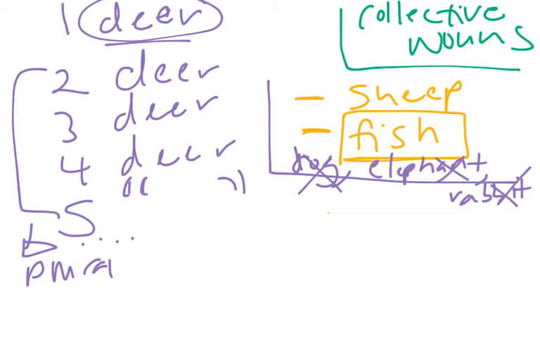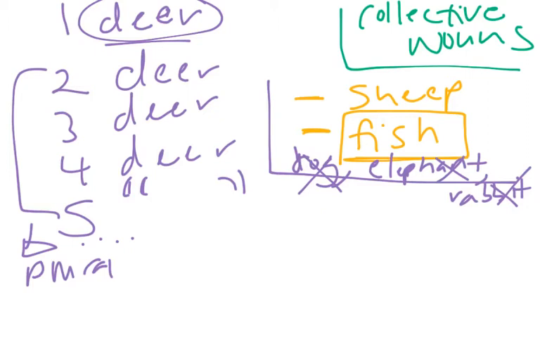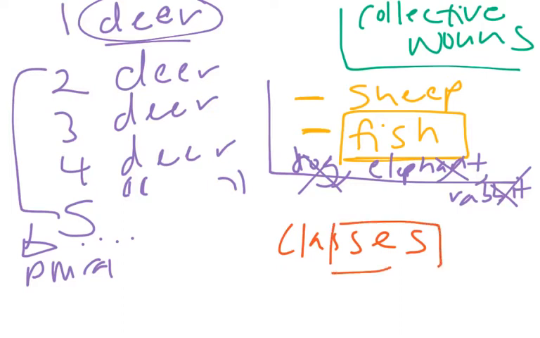But there are other examples of words where we add on an es. For example, fox, we add on an es at the end, and usually with an x we add on an es at the end for plurals. There are other words as well here that we add on an es to the end. For example, we have words like class, where we add on an es to the end, and usually with a double s ending, we add on an es.